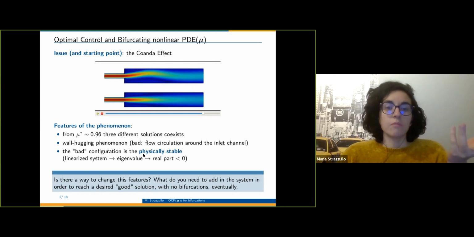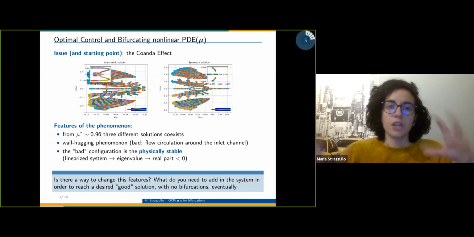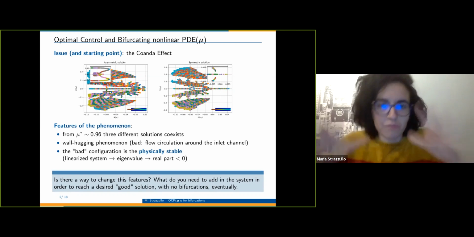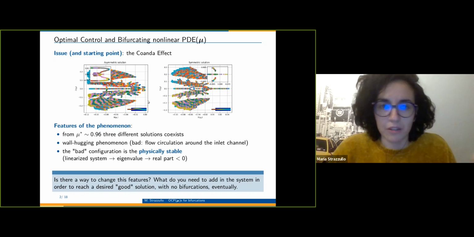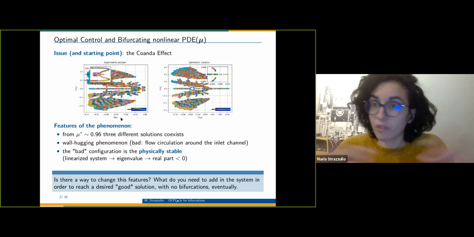Great. In mathematics, you can give a definition of physically stable, and it is related to the eigenvalue analysis of your problem. So here there are what I call the bugs plots, because they look like bugs to me. But basically, this is a plot of the eigenvalues of a discretized system.